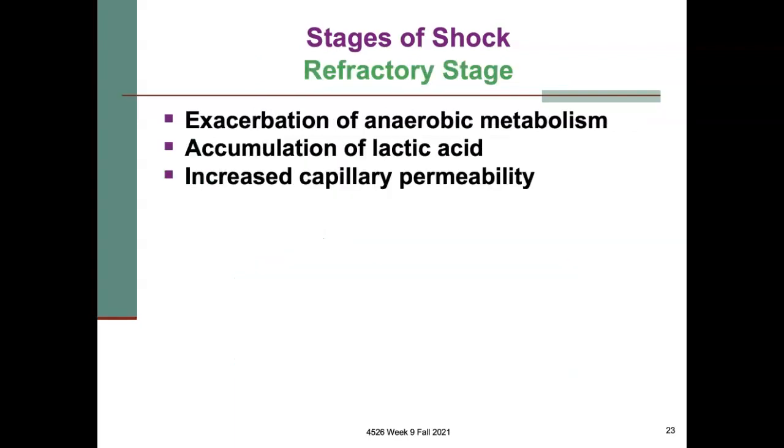So let's move into the final stage of shock, which is the refractory stage. And in this stage, we have, again, exacerbation of anaerobic metabolism from peripheral vasoconstriction and decreased cardiac output. You have the accumulation of lactic acid, so you have a metabolic acidosis happening, and this constantly increasing capillary permeability with the leakage of fluid into the interstitial space.